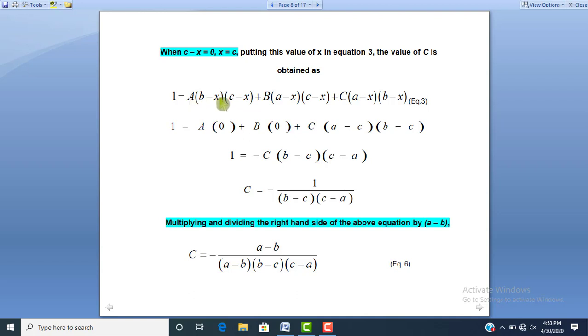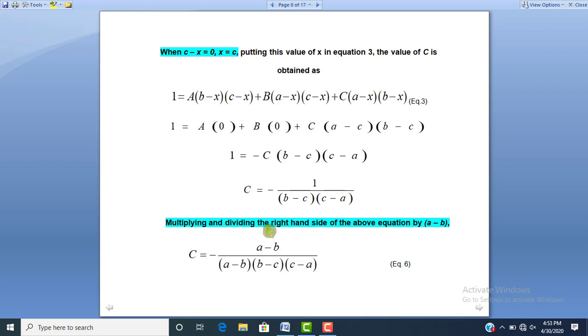So this will be cancelled out. 1 is equal to a into plus b plus c into a minus c into b minus c. Dear students, the value of c will be minus 1 over b minus c into c minus a.